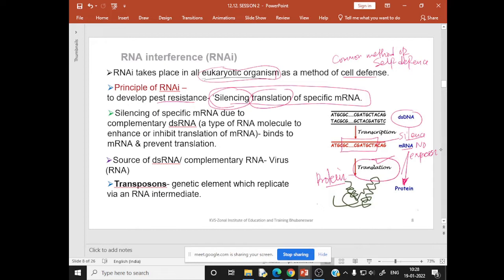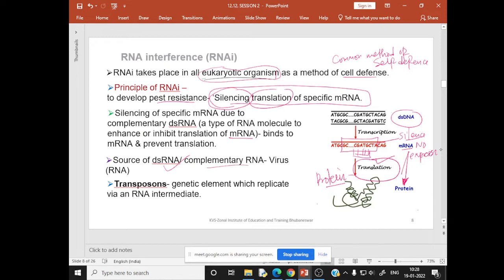Now, how to make this? Due to complementary double-stranded RNA, which binds to mRNA and prevents translation, we will use double-stranded RNA, and that will silence this. Where will the double-stranded RNA be taken from?